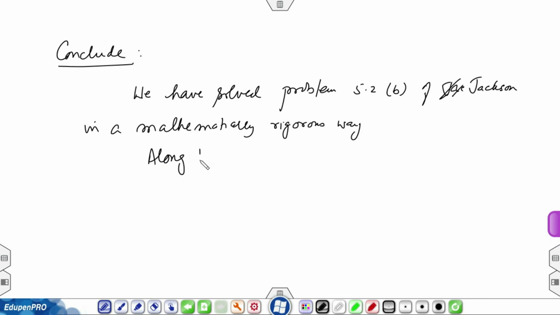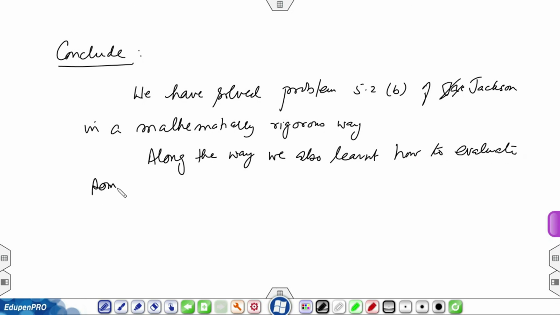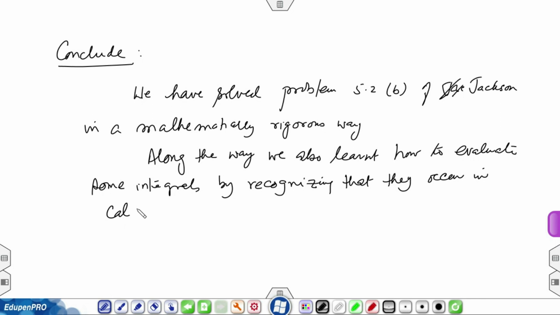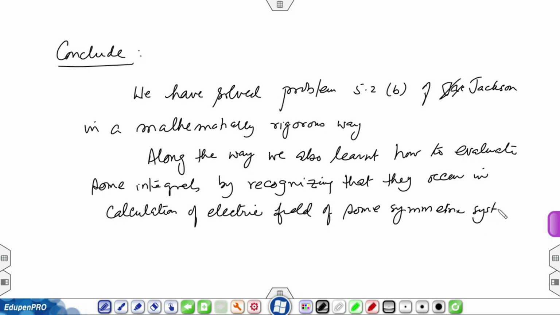Along the way, we also learned how to evaluate some integrals by recognizing that they occur in the calculation of the electric field of some symmetric systems.